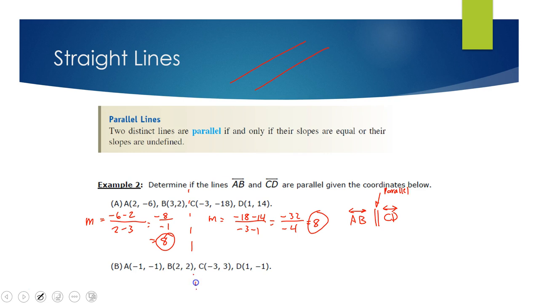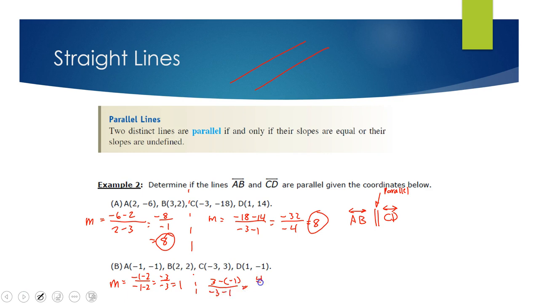In the second instance, if I calculate the slope of AB, I get negative 1 minus 2 over negative 1 minus 2, which is negative 3 over negative 3, which is 1. And here I'm going to have 3 minus negative 1 over negative 3 minus 1.